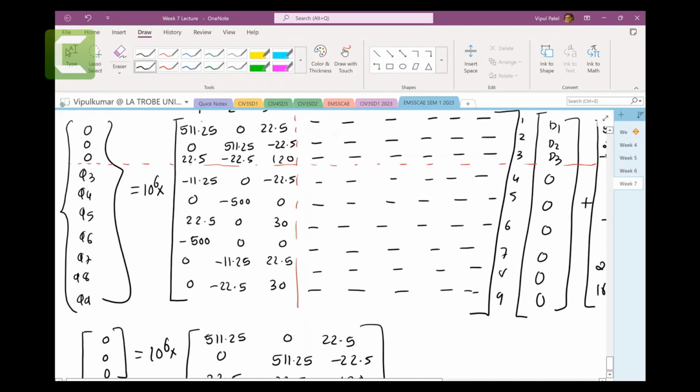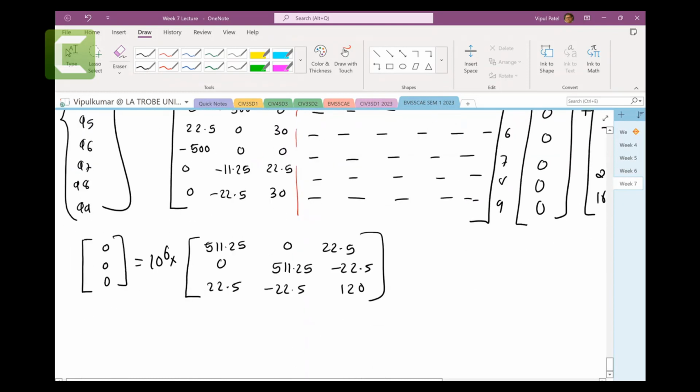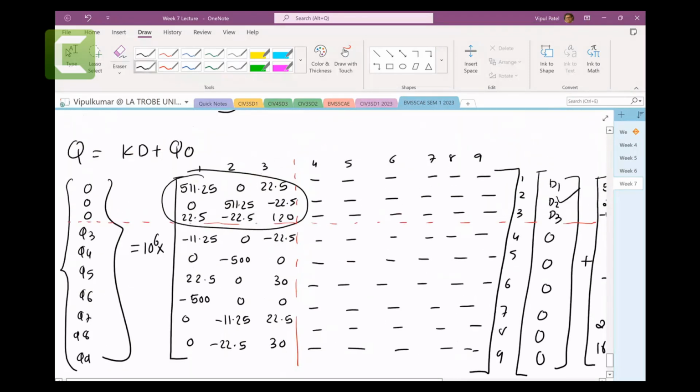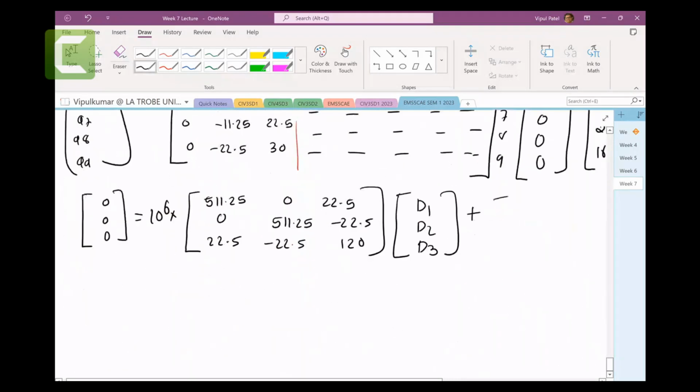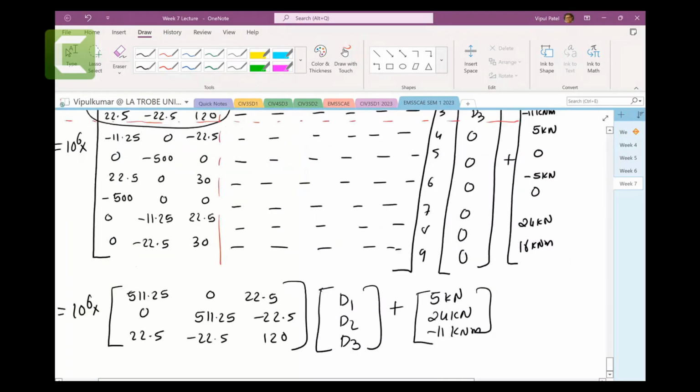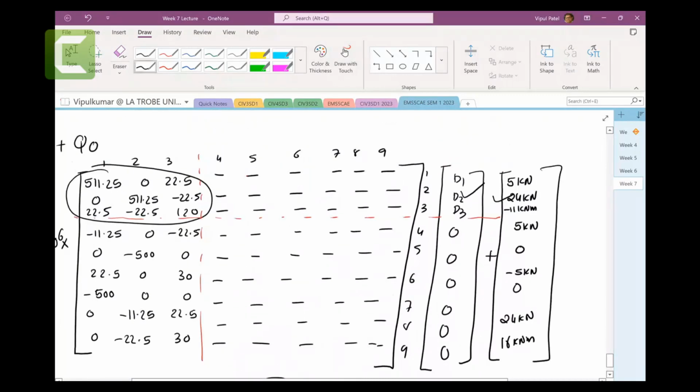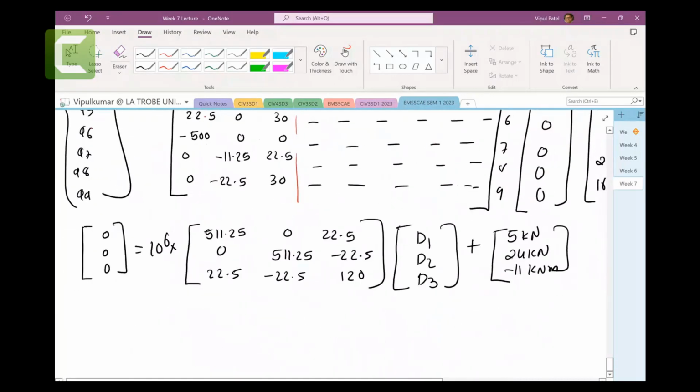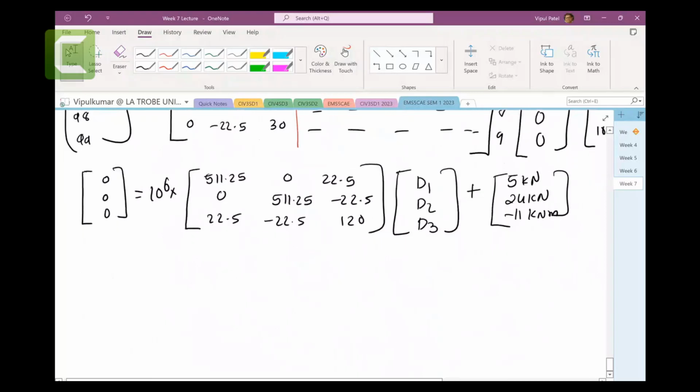I copied these three by three, then I copied D1, D2, D3 from this one, and then the plus, the remaining 5 kilonewtons, 24 kilonewtons, and minus 11 kilonewton meters. Right, so our aim is to find D1, D2, and D3. We can first bring this one across. So 0 minus 5 becomes minus 5 kilonewtons, and this one becomes minus 24 kilonewtons.